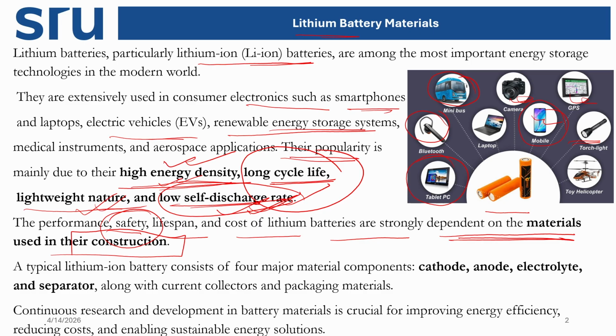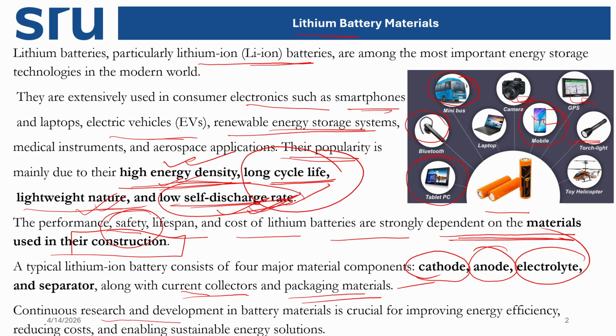The performance completely depends on the materials we are going to use. There are different components in the battery: cathode, anode, electrolyte, separator, current collectors, and packaging materials. We'll come to them later, one by one.